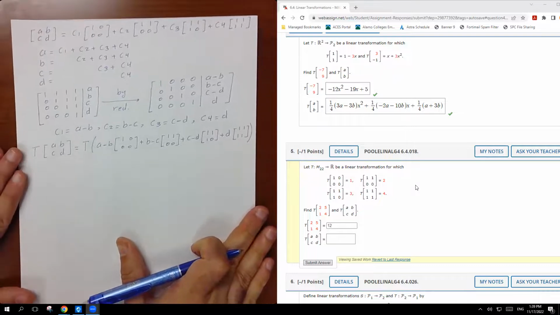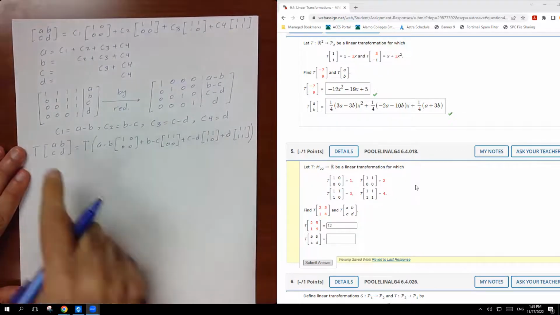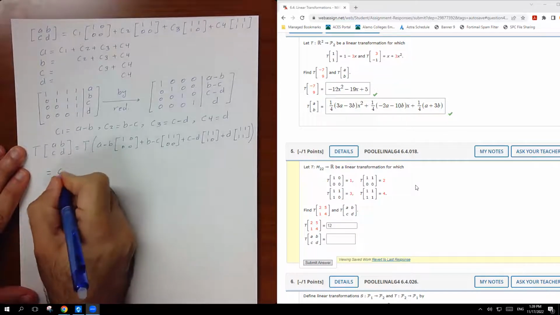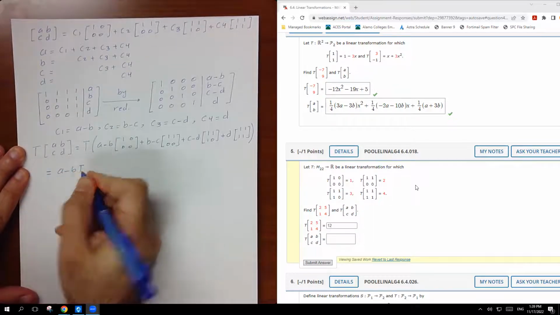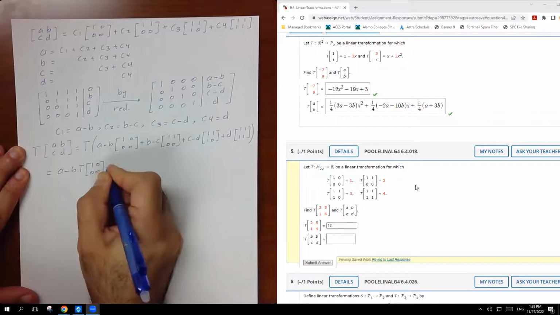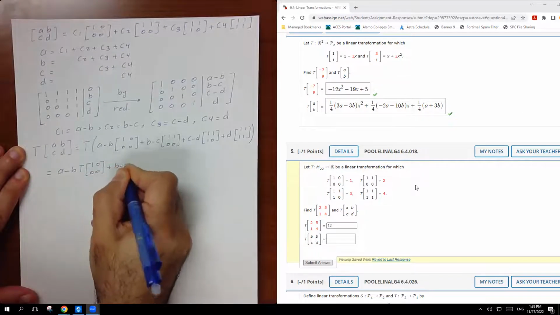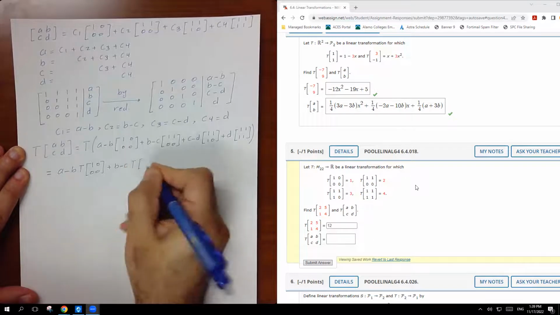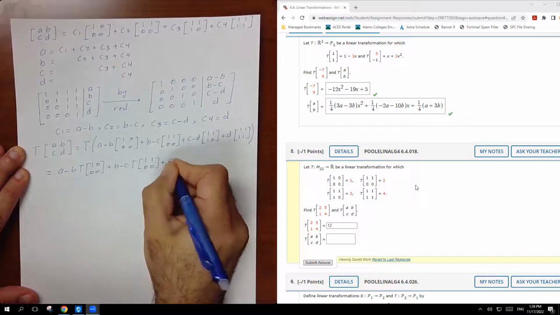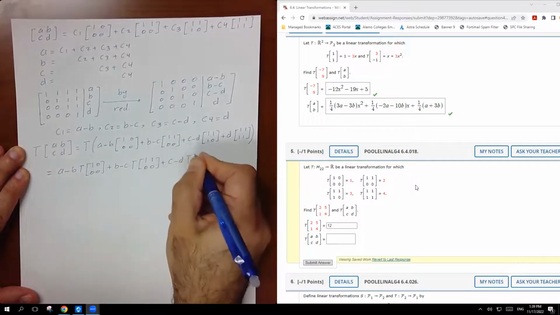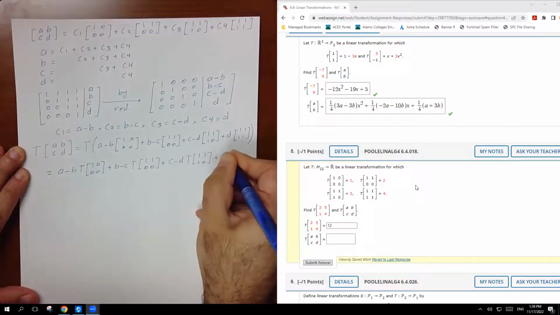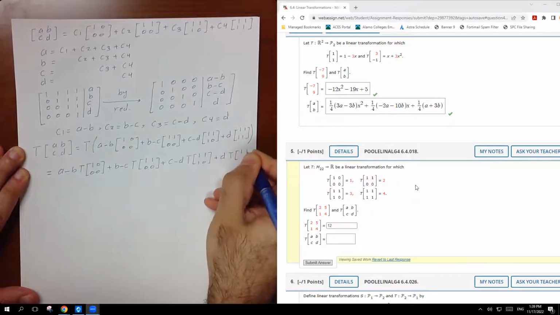Now let's keep going. So the transformation for these is going to be the same thing. It's A minus B times the transformation of the matrix 1, 0, 0, 0, plus B minus C times the transformation of the second base, plus C minus D times the transformation of 1, 1, 1, 0, plus D times the transformation of 1, 1, 1, 1.